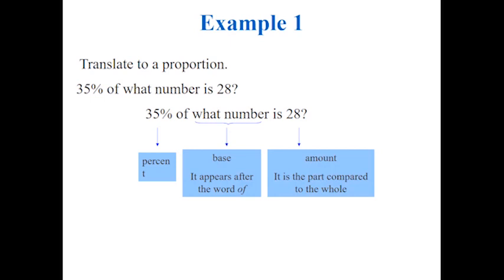The part compared to the whole. 28 over our unknown base is 35 over 100, 35%, percent per 100. And eventually, we would just go on to solve this proportion.